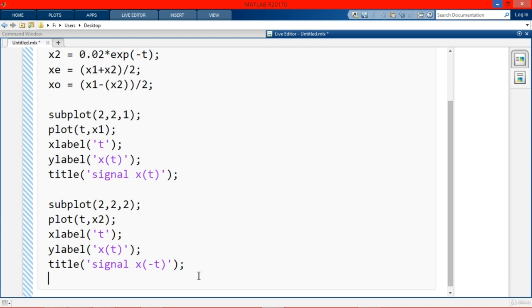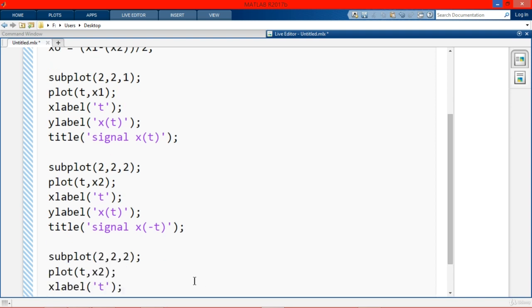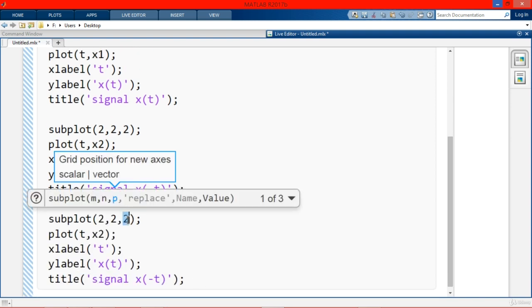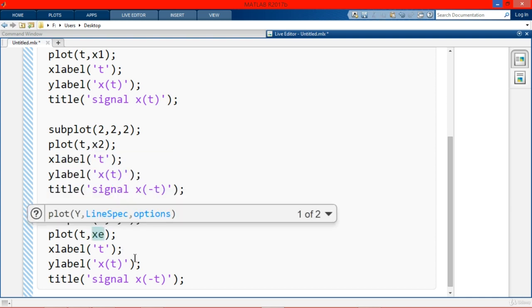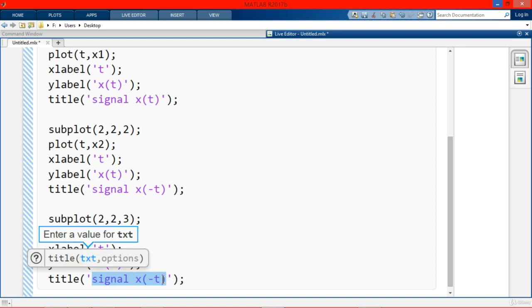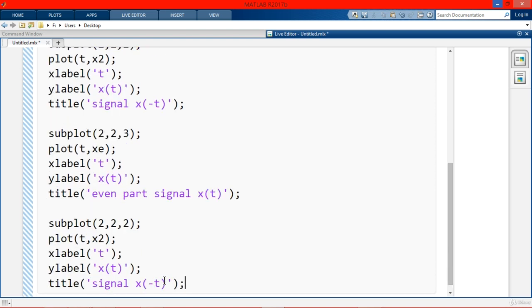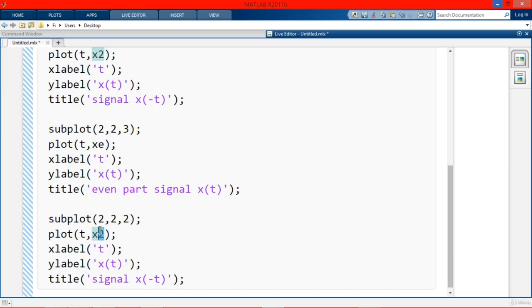Similarly for the third plot, which is for the even signal, give the title of even part signal. And finally for the odd part.